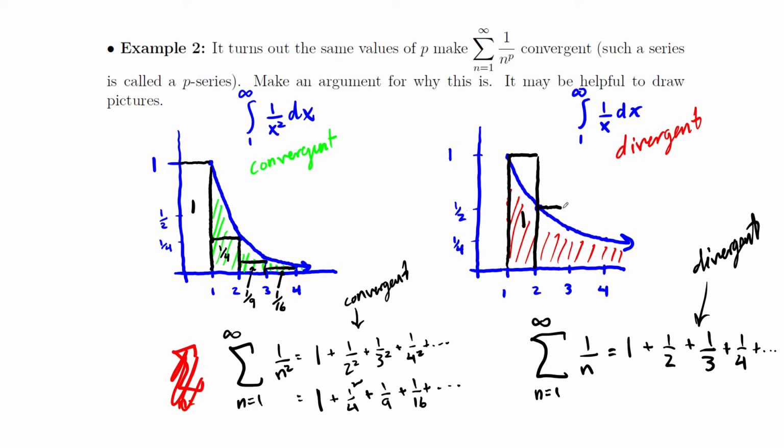Then my second rectangle here that represents a half. My third rectangle here, which represents a third, and so on. And so here the idea is, if all these numbers represent the areas of these rectangles, and I know that the red area is infinite, then that must mean that this sum is also infinite and therefore is divergent.